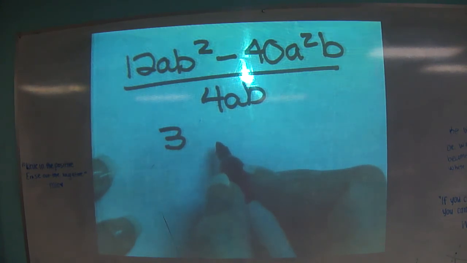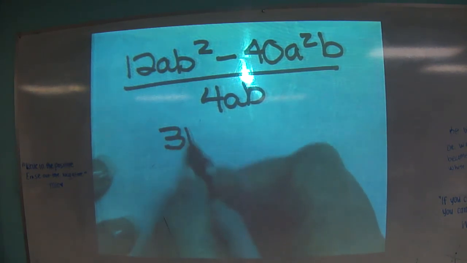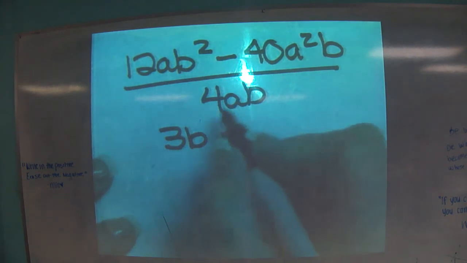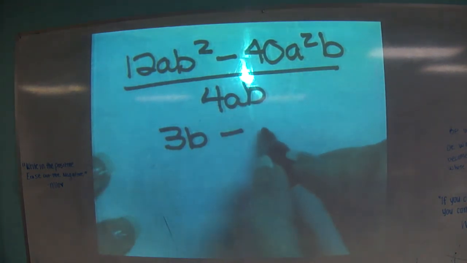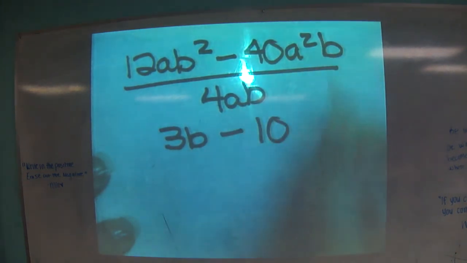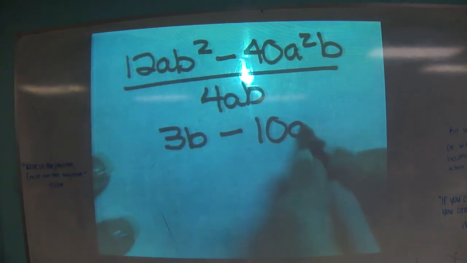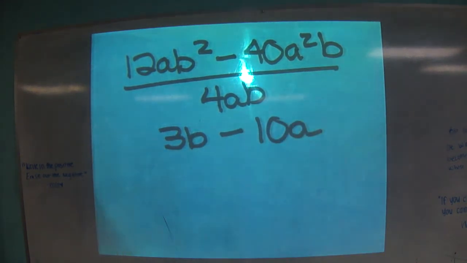How many b's in b squared? 1, so leave it. Minus, how many 4's in 40? 10. How many a's in a squared? 1. How many b's in b? 1, it leaves alone. And you've simplified it. We in good shape on simplifying? Finding common factors? Okay.